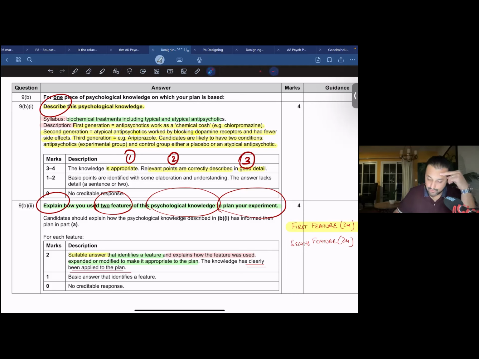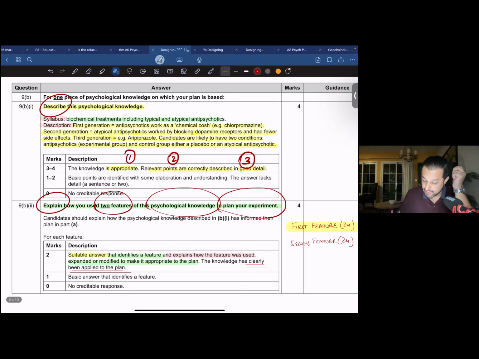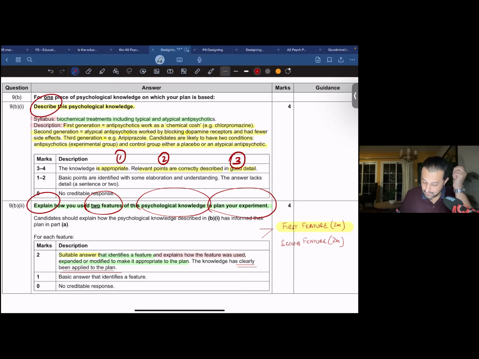So the knowledge from here, how is it that you have used this knowledge to plan an experiment in this case, or to plan a study, right? So a suitable answer that identifies a feature and explains how the feature was used. So let's just say you're getting the first mark for identification of the feature.